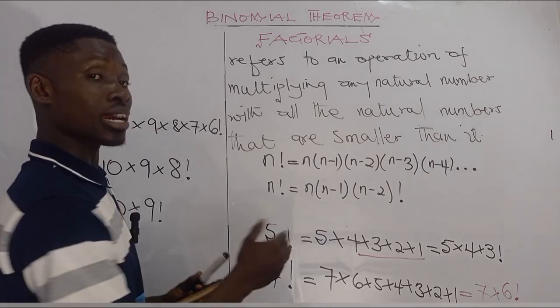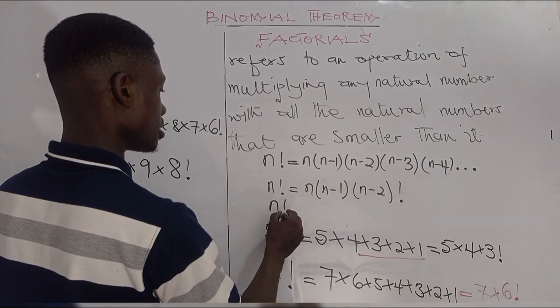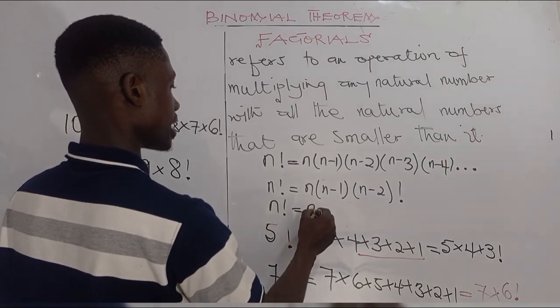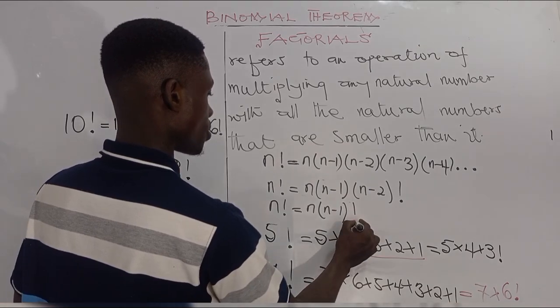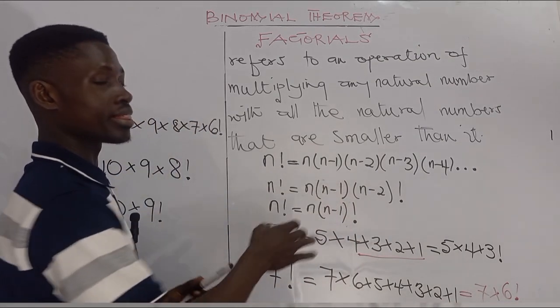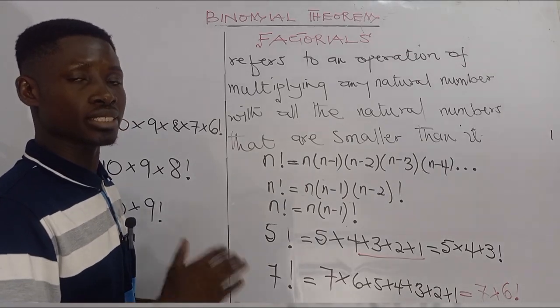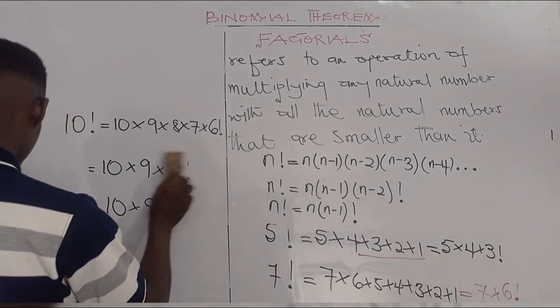Now with this, we can still shorten it to make it smaller. So n factorial can be written as what? n times n minus 1 all factorial. So this and that, they mean the same thing. Now let's look at evaluating factorials.